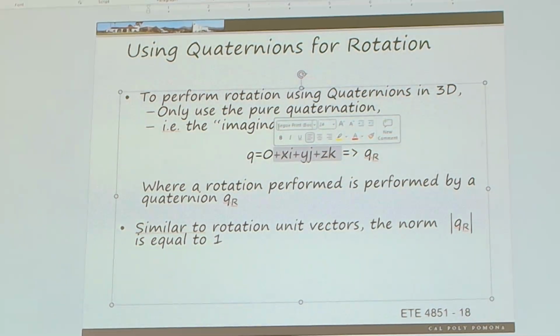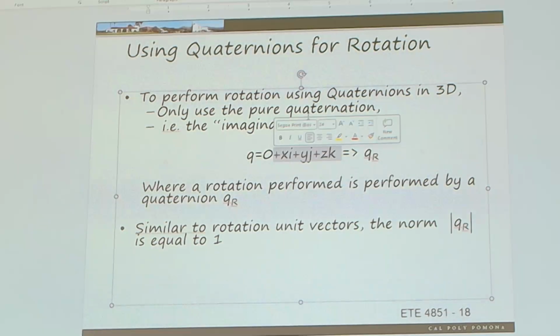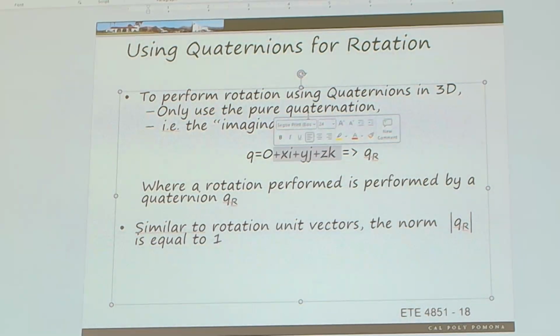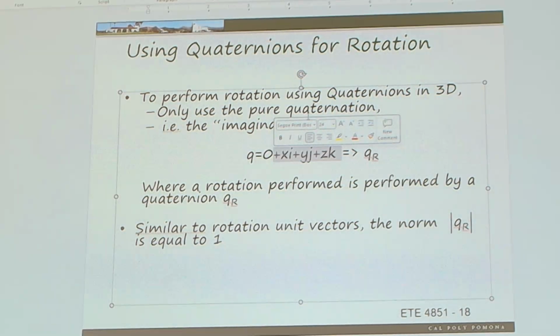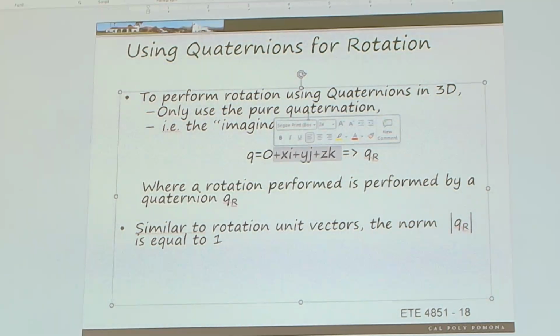My quaternion defines my rotation. Everybody get that now? If you don't believe me, we go back to that 2D case. But in the 3D case, we have to carry the other 2 variables, or the other 2 subspaces. Everybody with me on that?